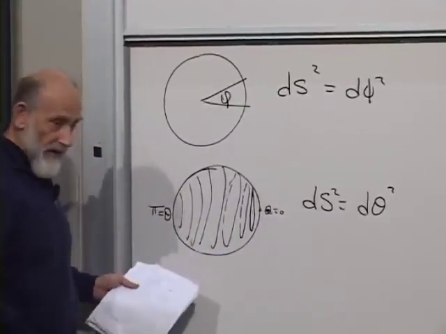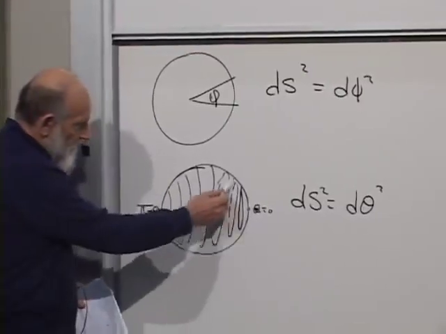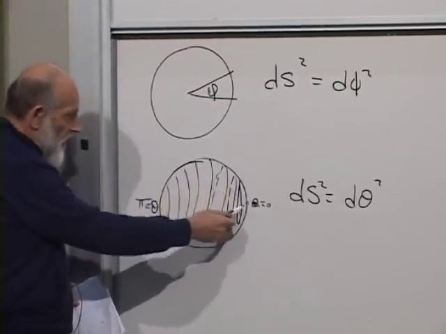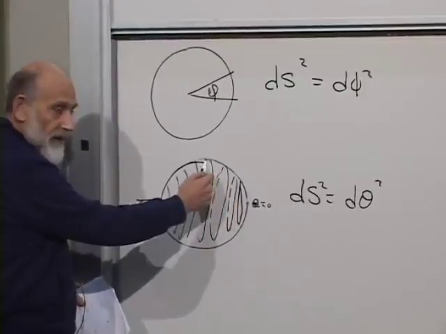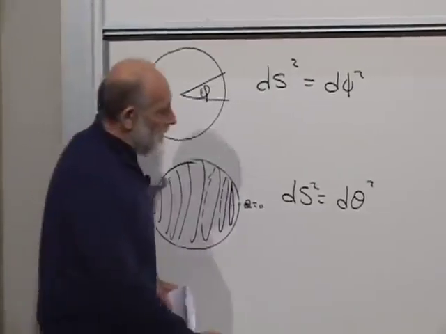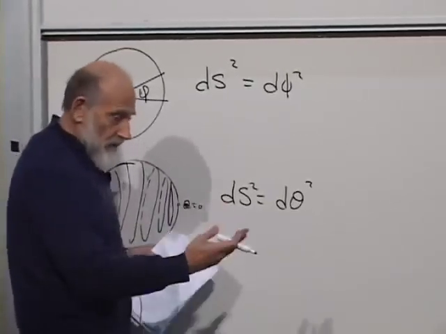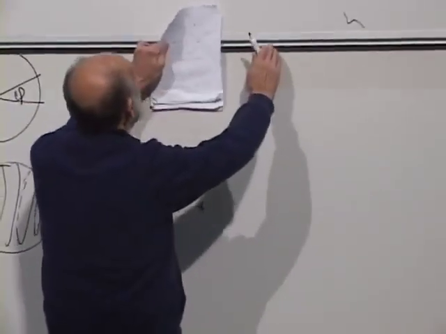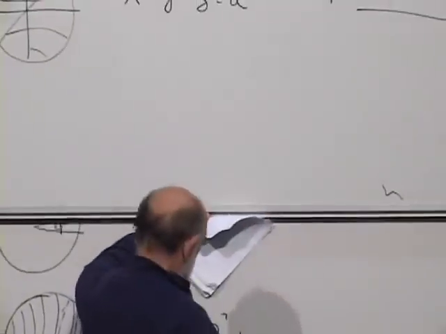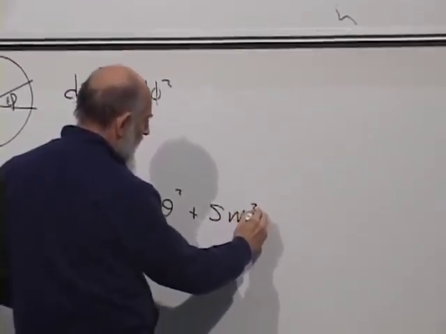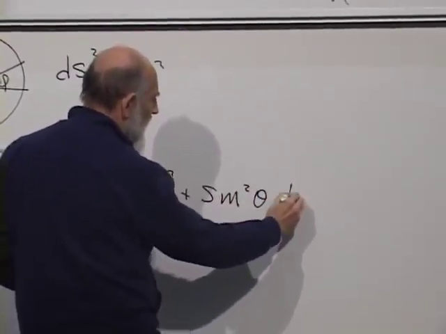Sine of theta. Sine of theta varies smoothly from 0 back to 0, going through a maximum at 90 degrees and then coming back to 0. So the radius of the circles, replacing this radius here, gives sine squared of theta d phi squared.